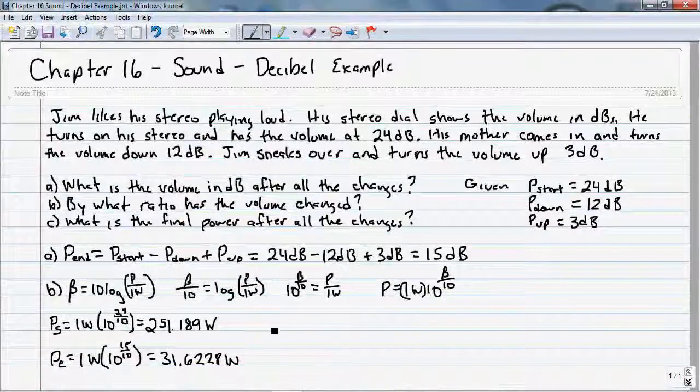And then our ratio is going to equal 251.189 watts over 31.6228 watts.